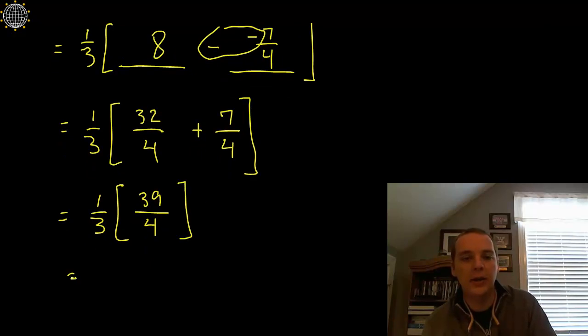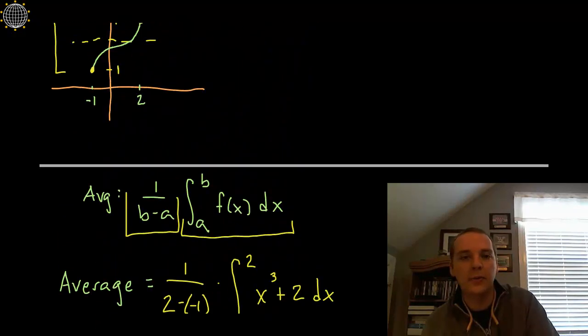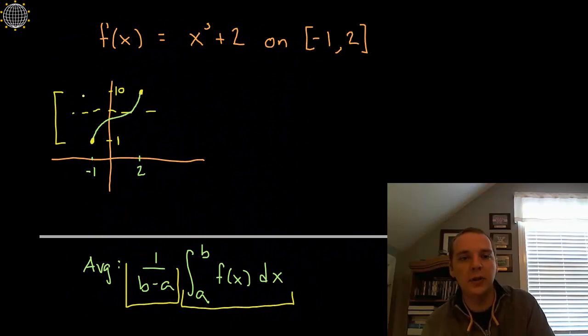And then 39 is divisible by 3, so the final answer would be 13 over 4, which as a decimal would be exactly 3.25.